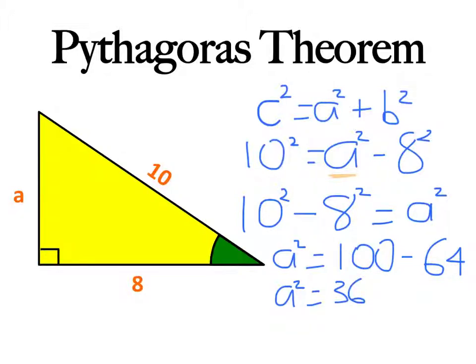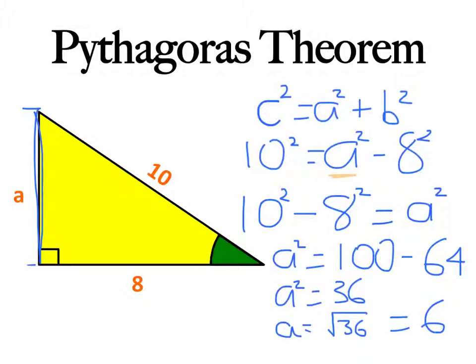Now, what I've technically got now is the square that is coming off my a side, which is 36, okay? I've got the square. I don't want the square, I just want this little side length in here. So in order to work that out, a equals the square root of 36, which equals 6. Okay, and that's it, guys.